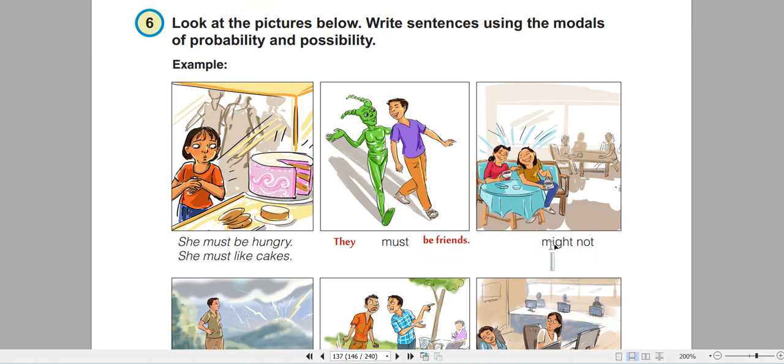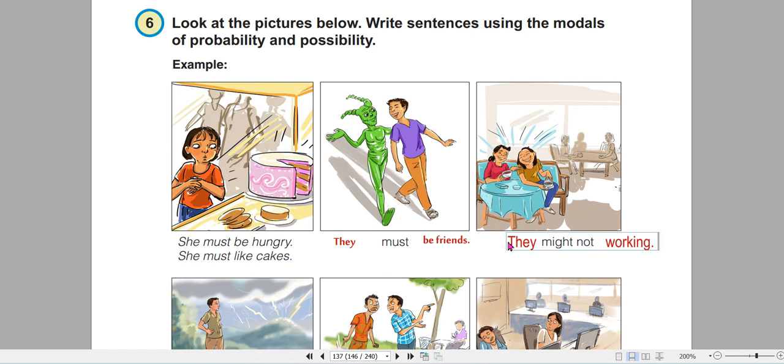Not written what? Means that they might not be working, right? We can say they might not be working. They might not be talking about the problem.